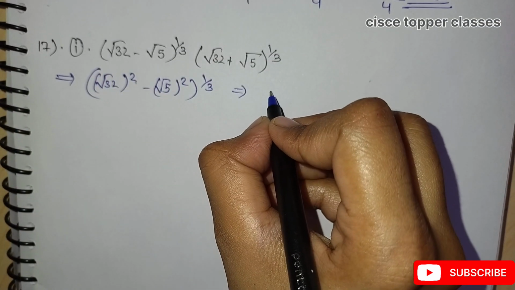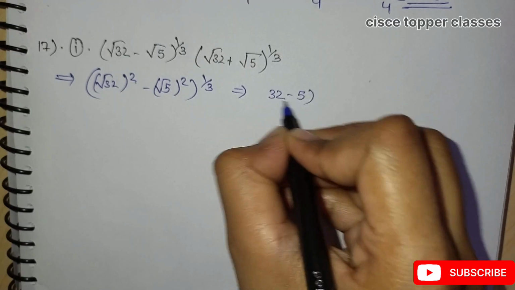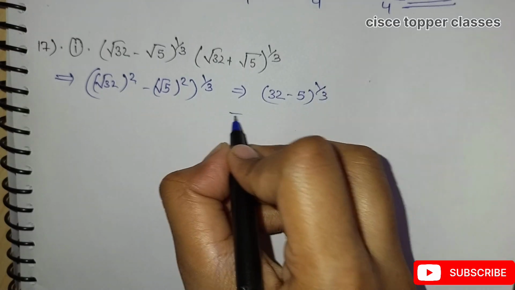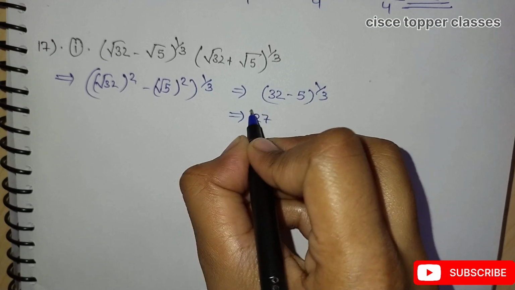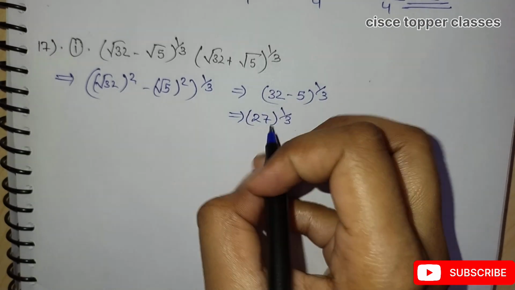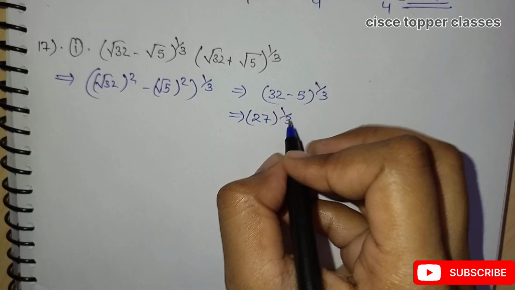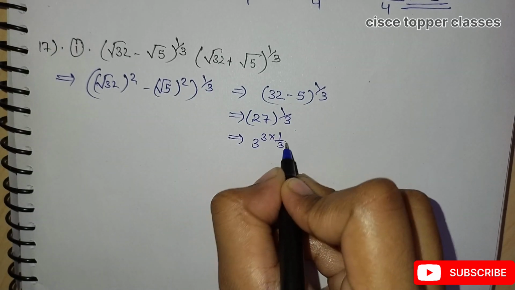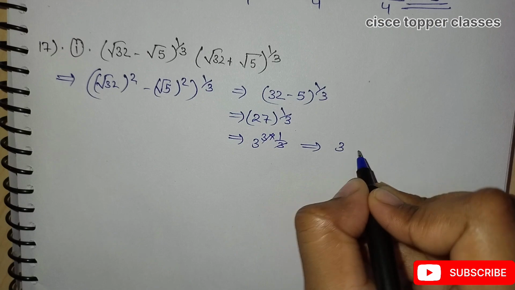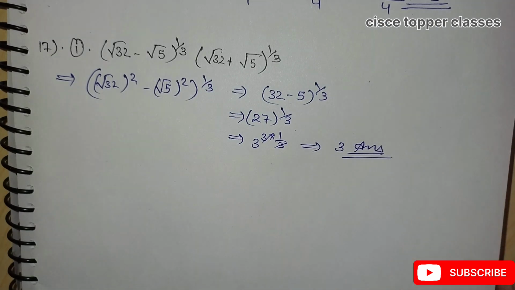So we can write it as 32 minus 5, the whole power 1 by 3, equal to 27 to the power 1 by 3. So it will be 3 to the power 3 into 1 by 3. 3 will be cancelled out, and 3 will be the final answer of 17 first part.